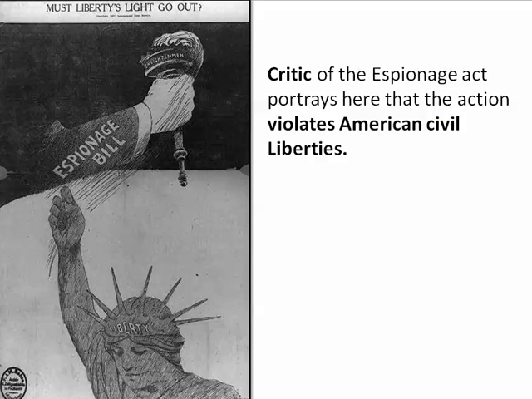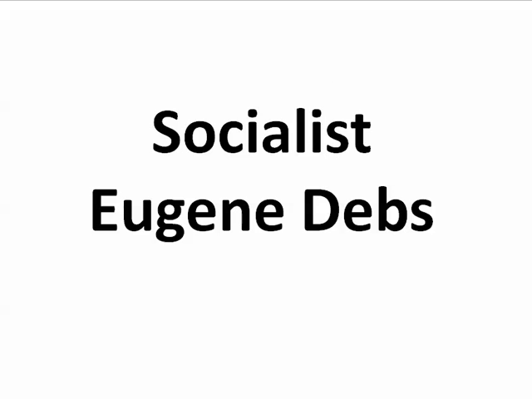And we see that there were critics of the Espionage Act with this artwork here, and it portrays that the Espionage Act violated American civil liberties, because we see the Statue of Liberty, and the Espionage Bill is snatching the flame of liberty out of her hand. That's what they're trying to depict, that they don't agree with the Espionage Act. And that's going to tie us into Eugene Debs, a socialist.